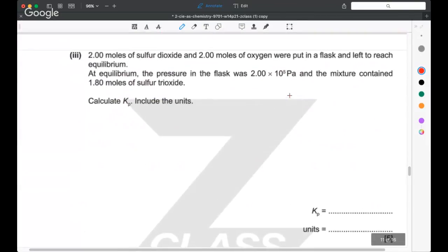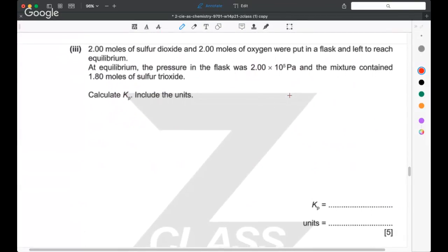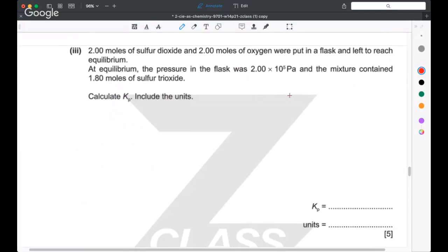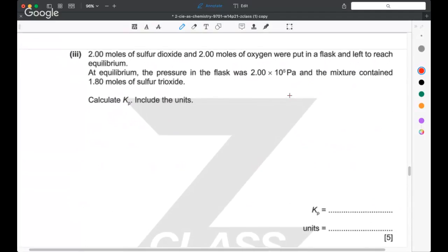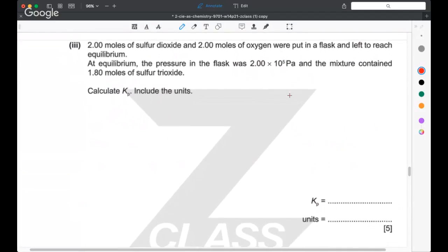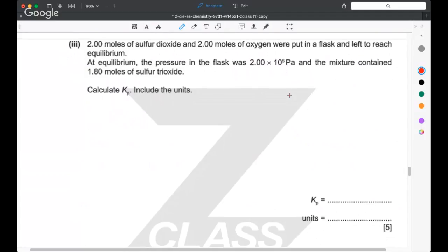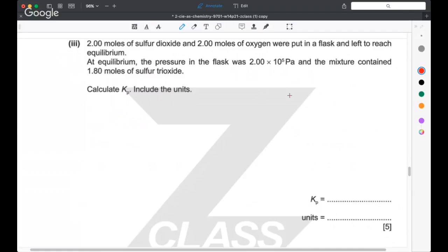Now, this part here was one of the questions that students found the hardest, according to the examiner. And it's true that it's hard unless you follow a good system. The system that you can follow here, something you can look up, is called an equilibrium table. I'll explain what that is in a moment, but let's get the reaction down.